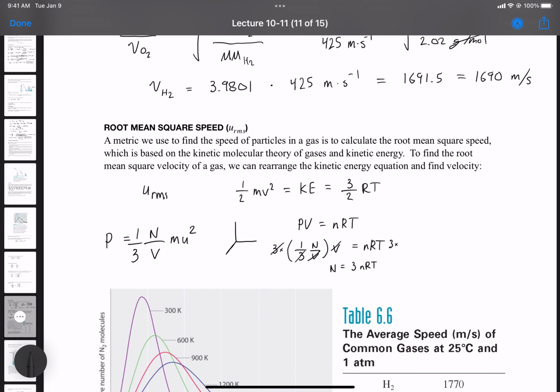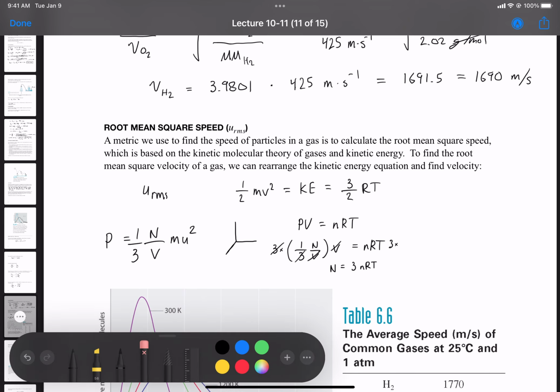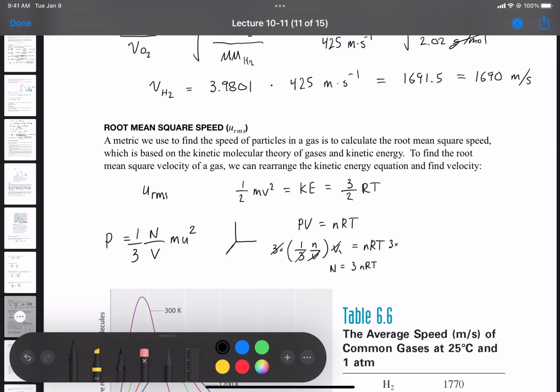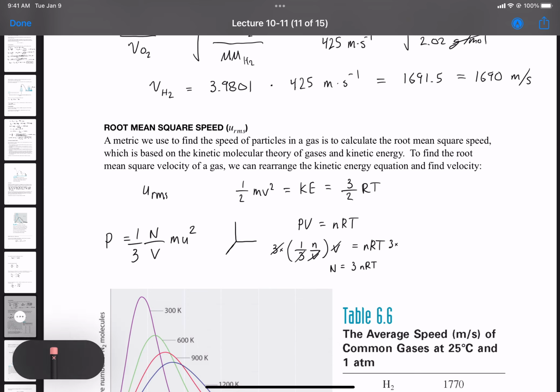So to keep things consistent, let's change this N back now to the actual N for molecules, or number of mole particles. So we do moles here, and then the N's will cancel out. Oh, sorry, I forgot the mu squared. So I forgot the mu squared here. Sorry about that. So let's move this over a little bit.